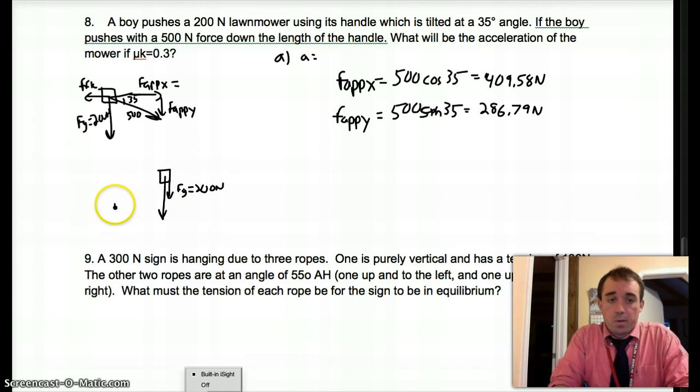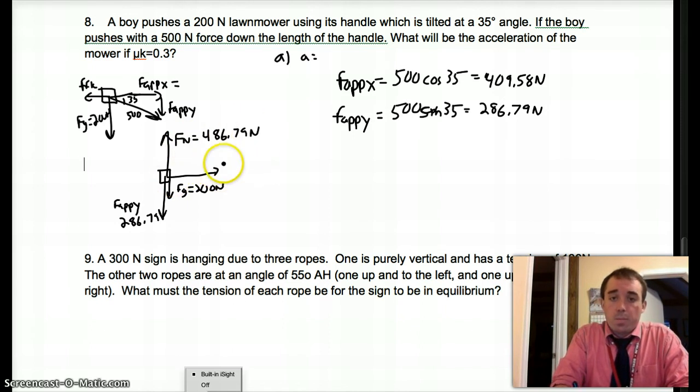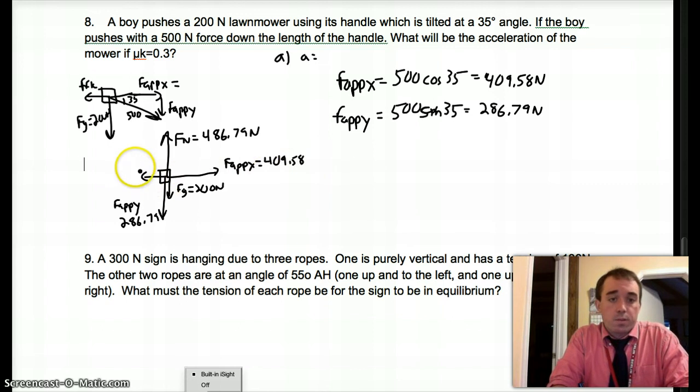Our normal force has to take care of both of those, so our normal force is 486.79 newtons. We have our applied force, which is pushing across the table, FAPPX at 409.58, and our force of friction, which we still do not know.